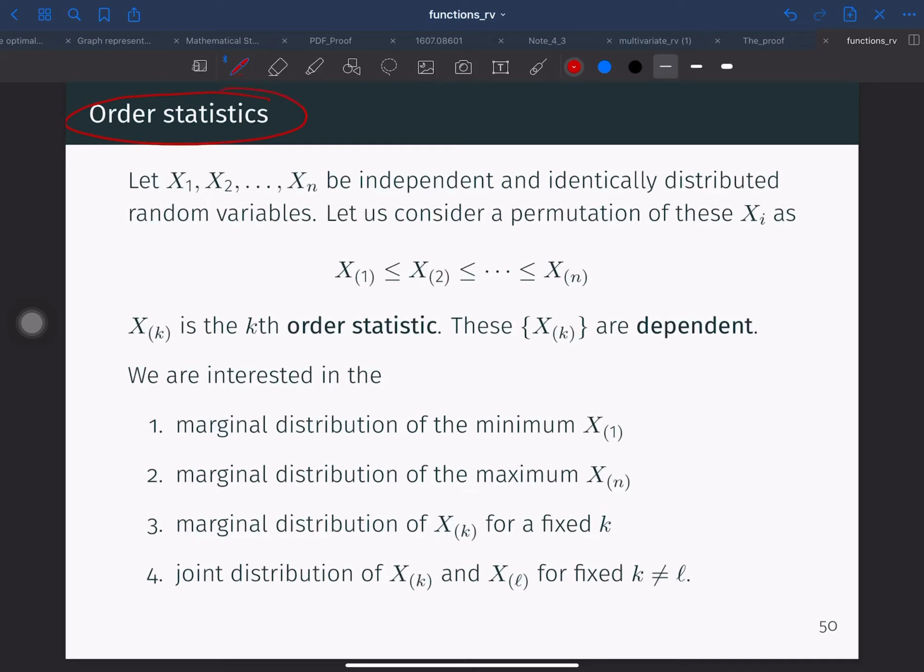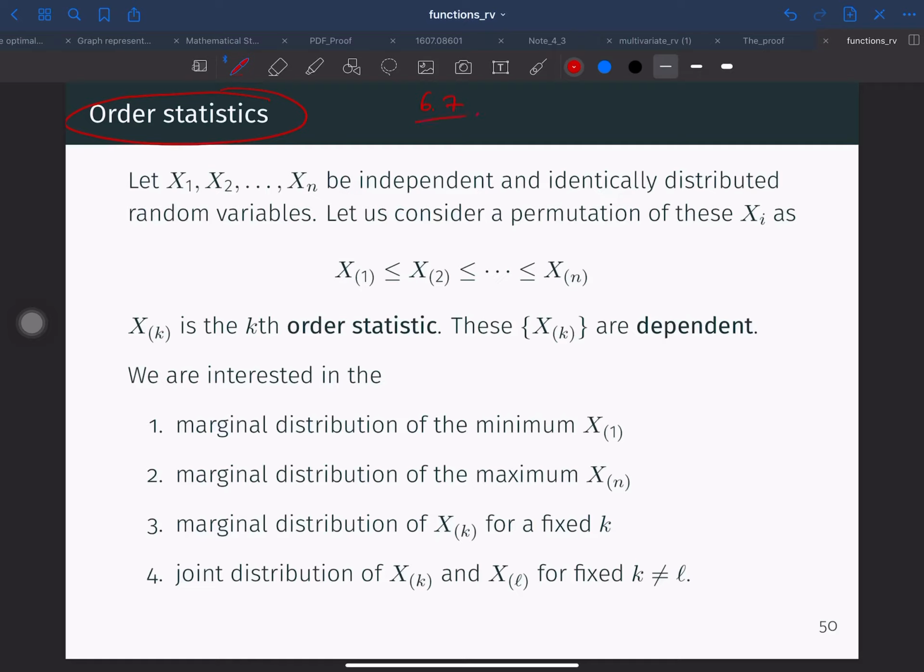It's nice to end with order statistics because I think it brings order to the chaos that is, say, this semester. Order statistics is a very beautiful subject on its own, but like everything else, we don't really have much time devoted to it. This is section 6.7 of your textbook.